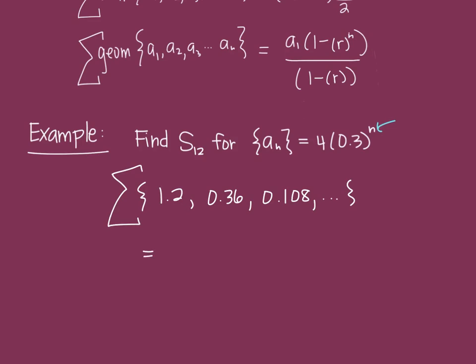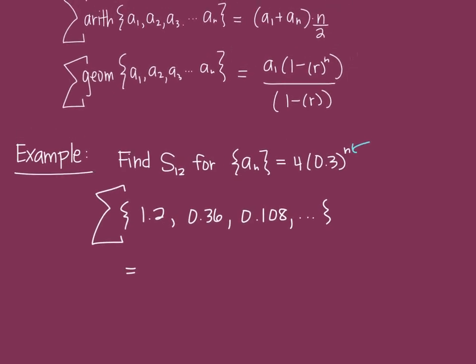Okay, well, let's use the formula given right here. So a sub 1 was 1.2 times parentheses 1 minus, and then parentheses 0.3 to the final n would be the number 12.